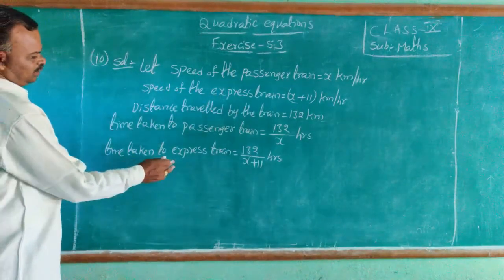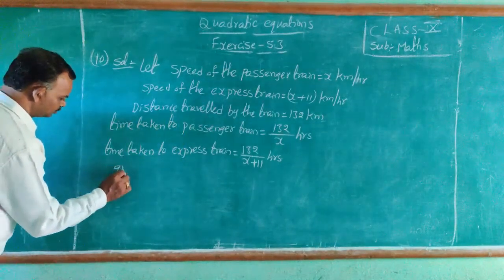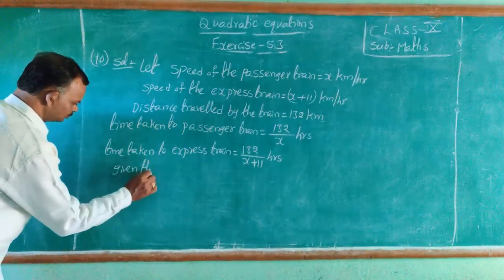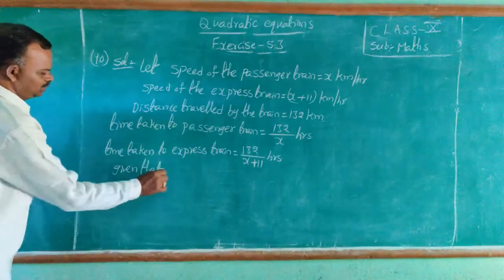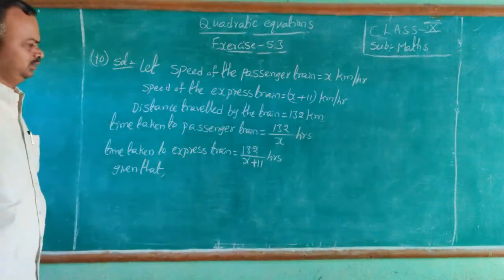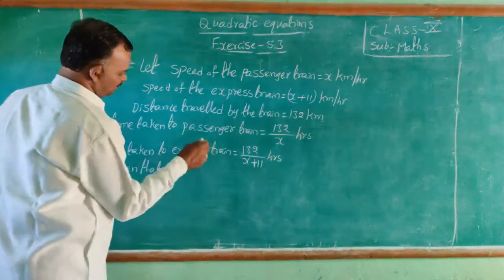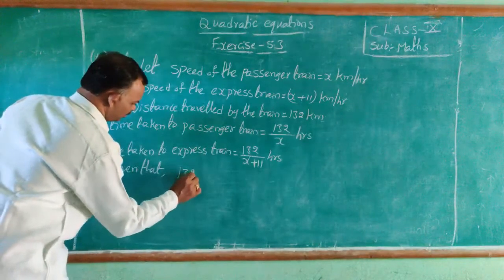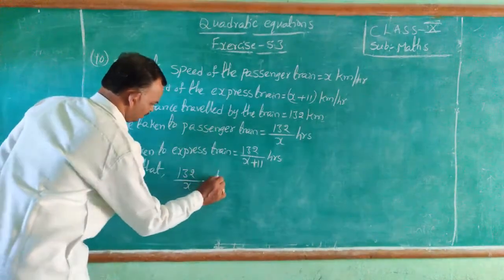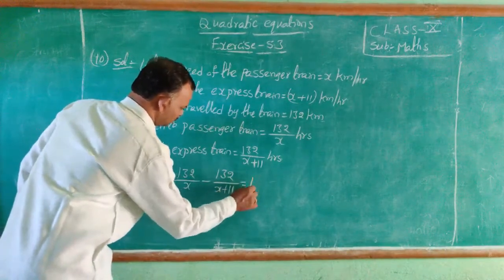It takes 1 hour less time than the passenger train. So given that, the difference between the two times is 1 hour. So 132 by x minus 132 by x plus 11 is equal to 1 hour.